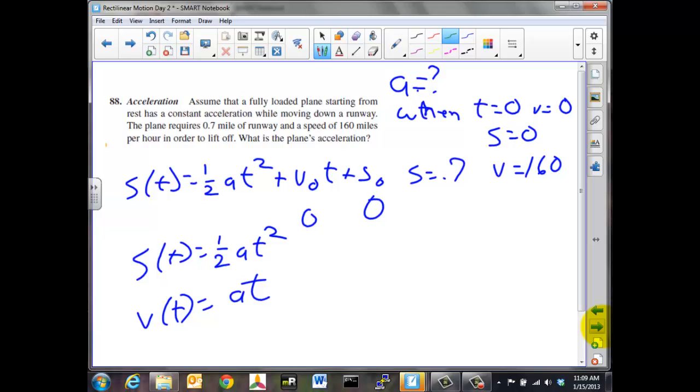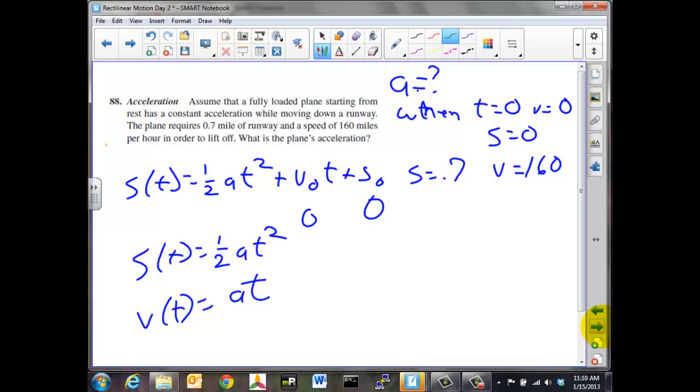So we plug that into the bottom one, but that means A could be anything. We'll look back at it and see.